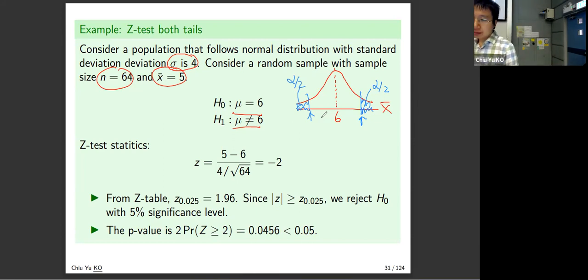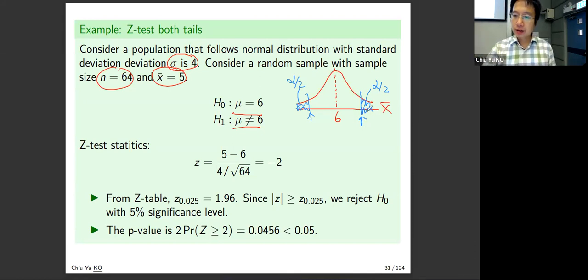Is that okay? Just to remind you, the difference between one side and two sides is whether alpha is divided by half or not. That's the only thing. Is that clear? So what we have now is this.